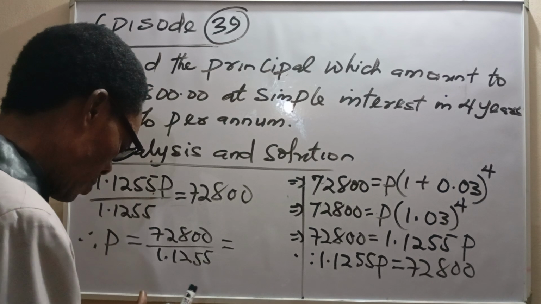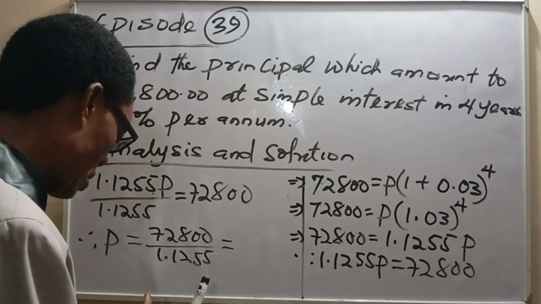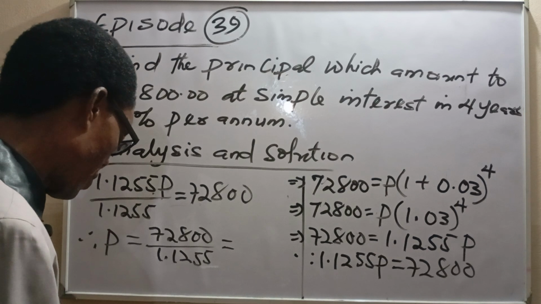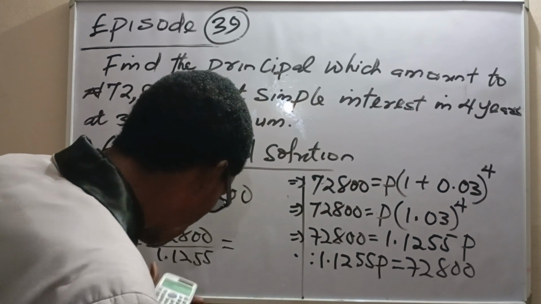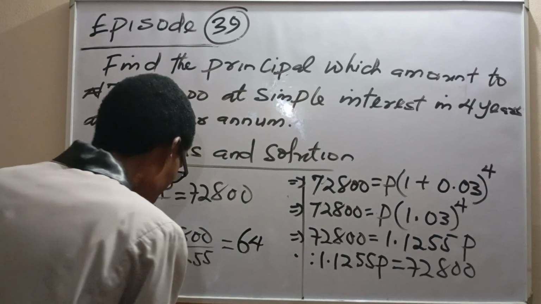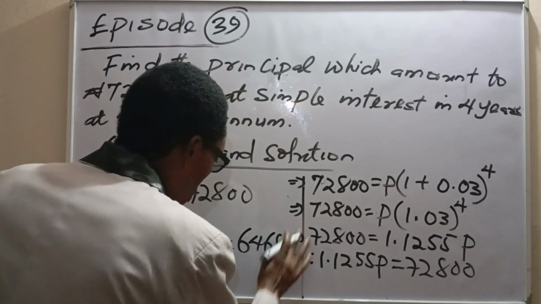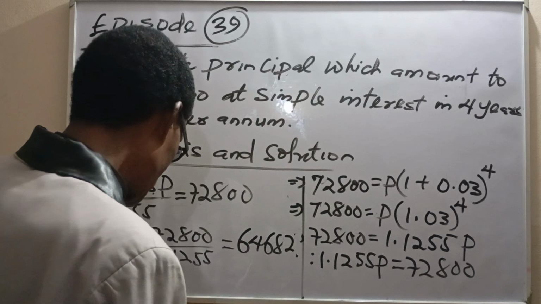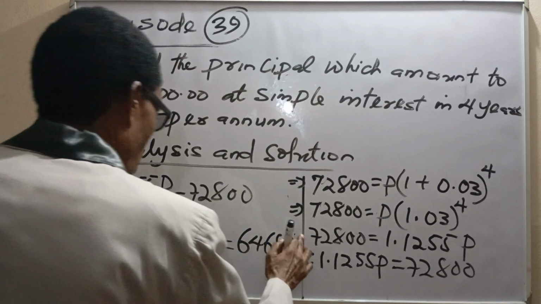So let's see what we get. 72,800 divided by 1.1255 gives 64,682.